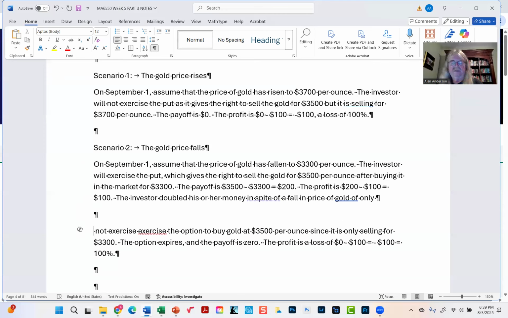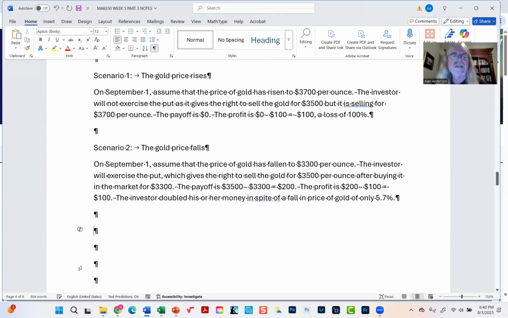This time it would be, oh, actually, no, it would be the same. It's 200, it's 5.7%. So not bad. If they own the gold, well, it's not nearly as good, so that's what we mean by leverage.